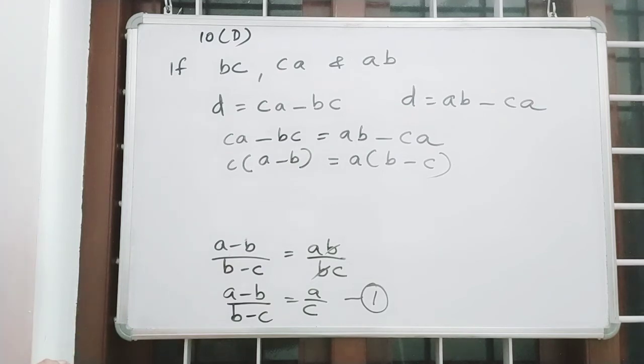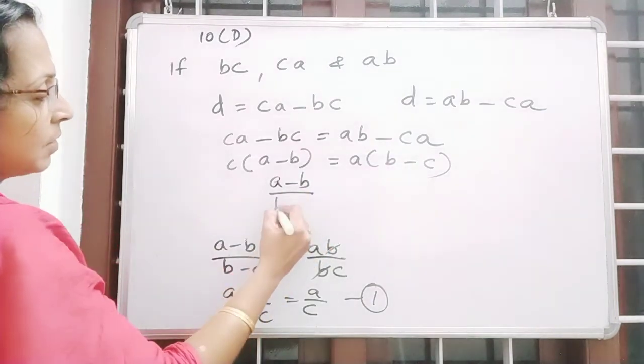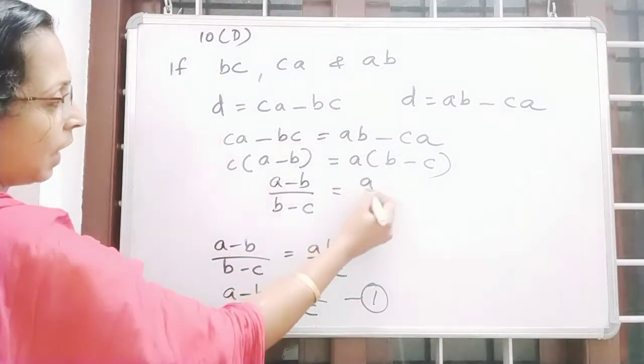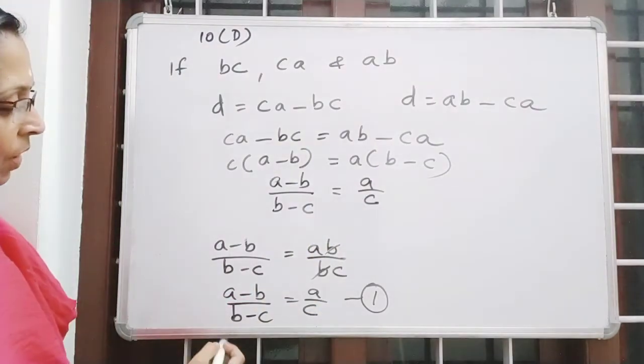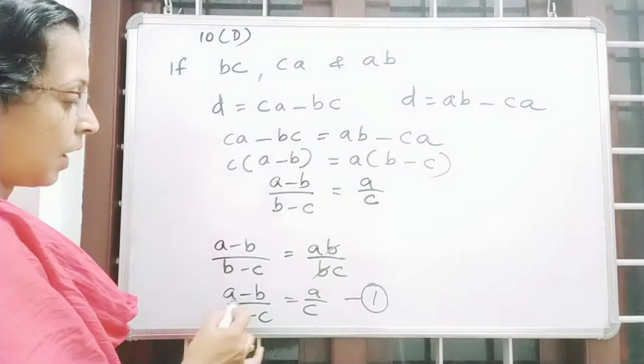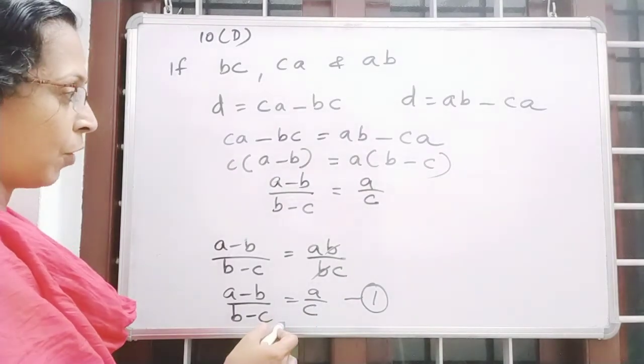A minus B divided by, take this B minus C to the denominator, so it will be A by C. So if 1 by A, 1 by B, 1 by C are in AP, we got A minus B divided by B minus C is equal to A by C form.